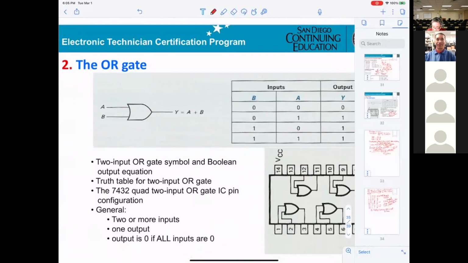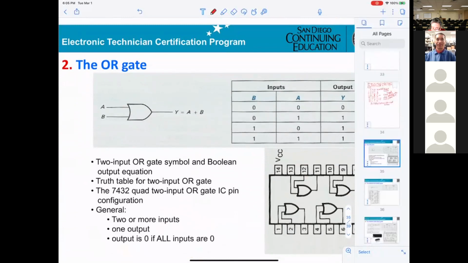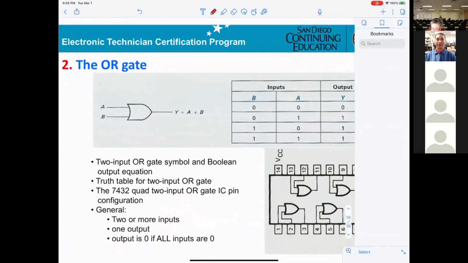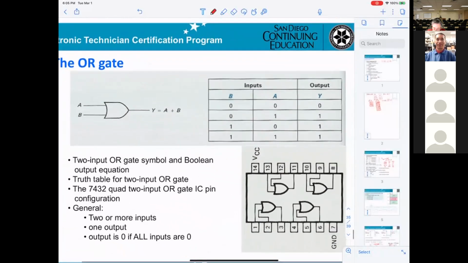You can see the equation right here: Y equals A OR B. If you want to know the output, look at the truth table here. 0, 0, you get 0. 0, 1, you get 1. 1, 0, you get 1. 1, 1, you get 1.